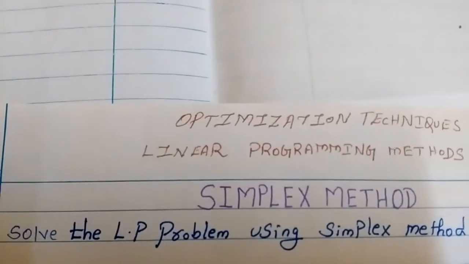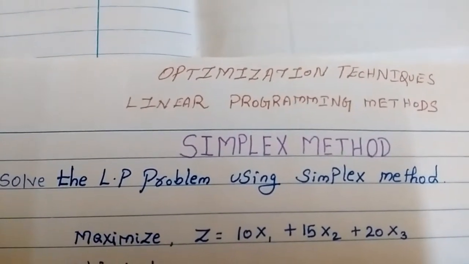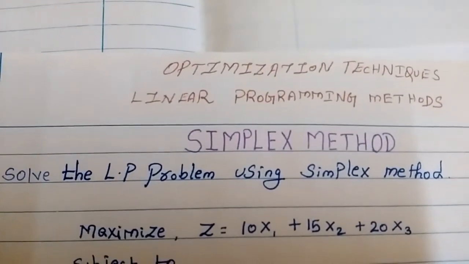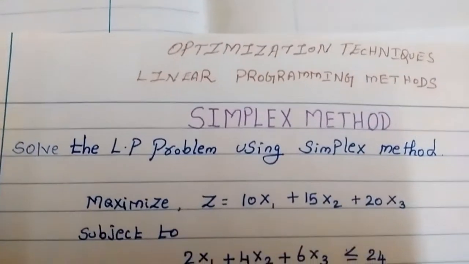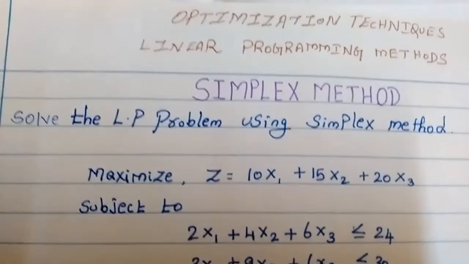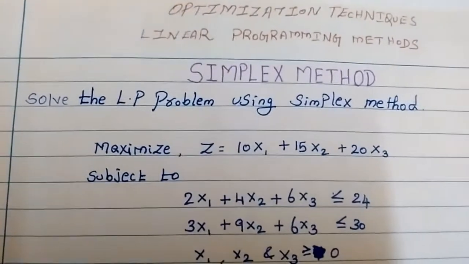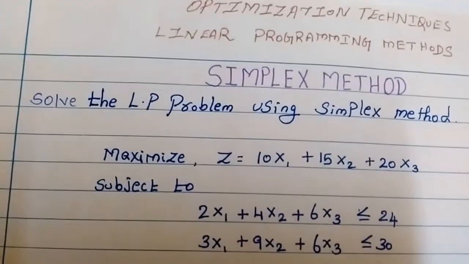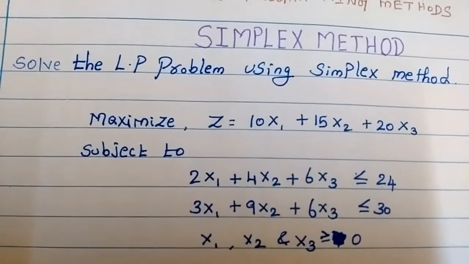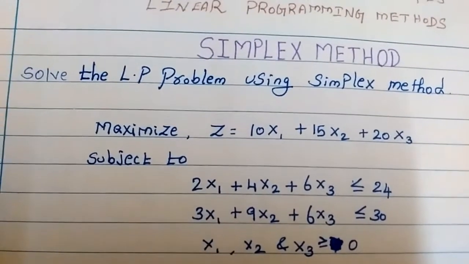Solve the LP, that means the linear programming problem, using the simplex method. This is a maximize kind of function. Maximize z = 10x1 + 15x2 + 20x3, subject to the constraints 2x1 + 4x2 + 6x3 ≤ 24, and 3x1 + 9x2 + 6x3 ≤ 30. All three variables x1, x2 and x3 are non-negative values, greater than or equal to 0.